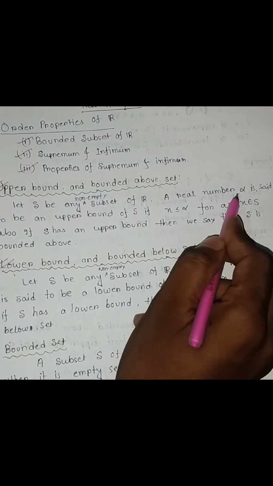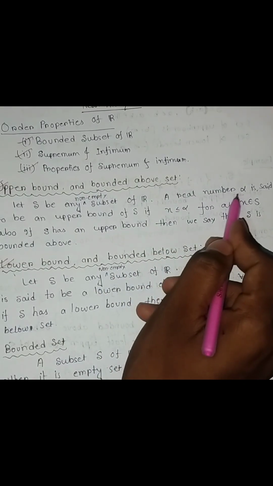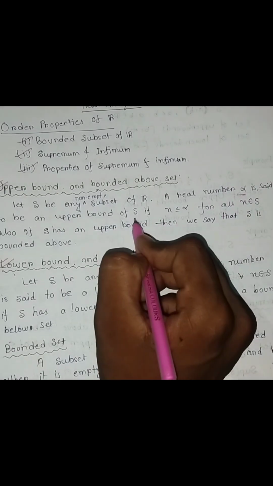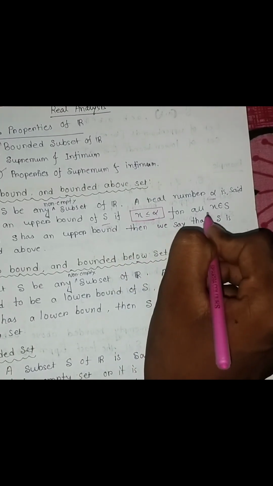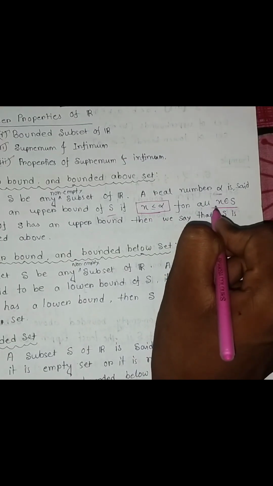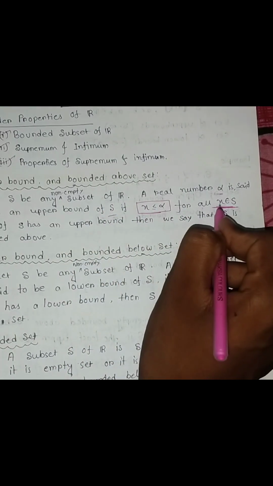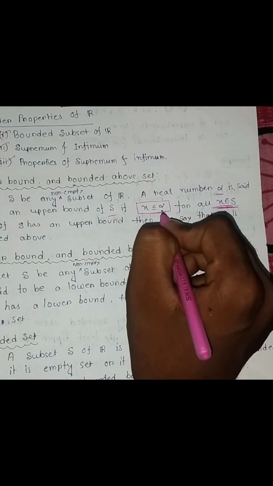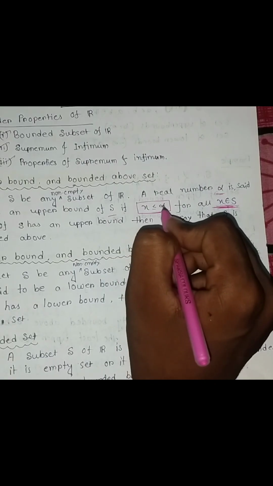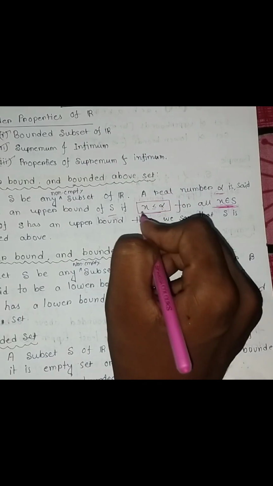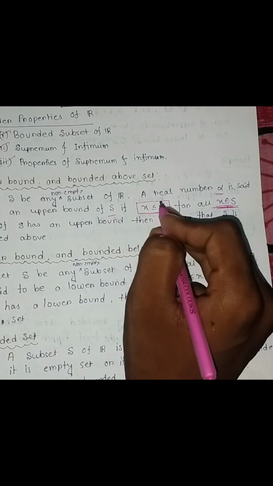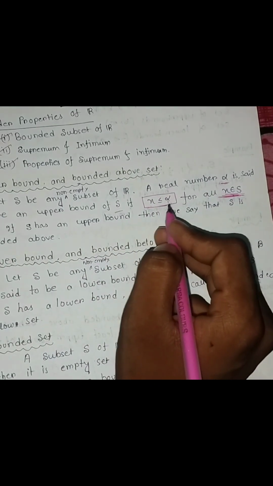Then if we get any real number alpha, this alpha is an upper bound of the subset if x is less than or equal to alpha for all x belongs to S. Meaning, for all the elements of the subset that we take from real numbers, the real number alpha is always greater than or equal to them, alpha is always bigger than these elements, then it is the upper bound, and the set H is called a bounded above set.